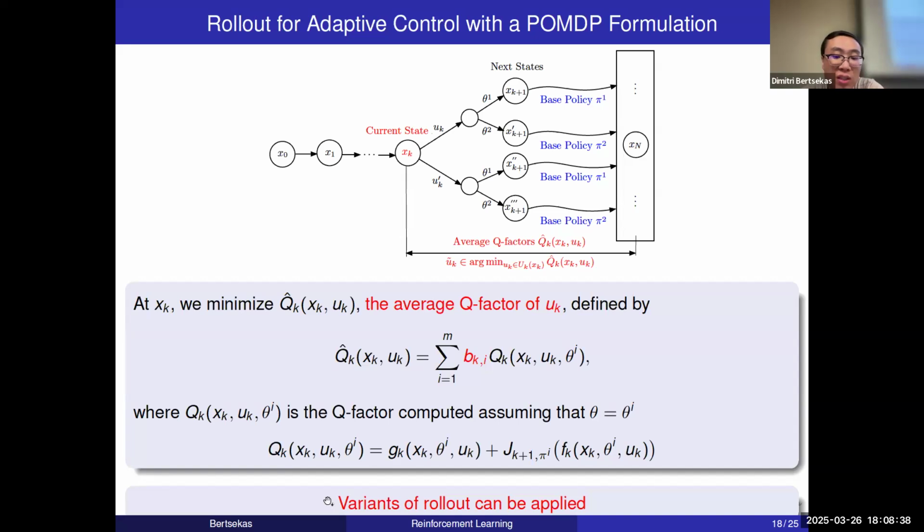And obviously we have introduced a lot of variants of rollout, including simplified rollout by considering a subset rather than the full set of the control, as well as rollout involving multiple policies and so on. So all of them apply here as well.